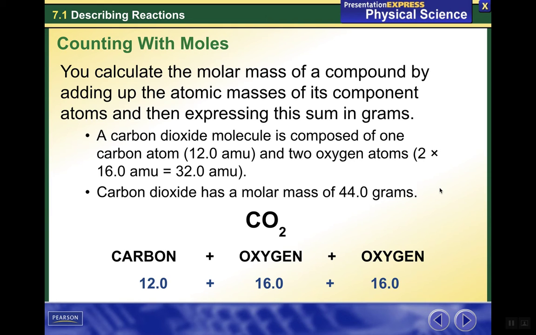A mole of carbon weighs 12 grams. A mole of oxygen weighs 16 grams. And there are 2 of those in carbon dioxide. So 16 and 16 is 32, and 12 is 44. So a mole of carbon dioxide, or 6.02 times 10 to the 23rd molecules of carbon dioxide, weighs 44 grams.